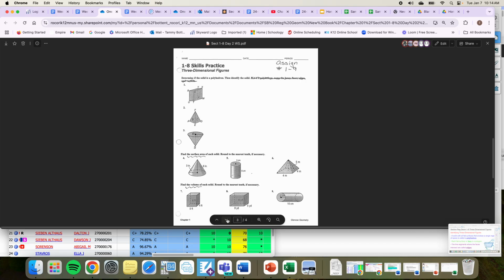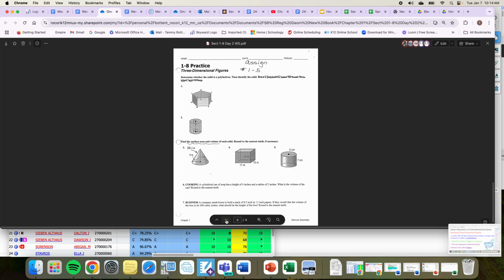Then if you look at this page, same thing. 4 through 6, you're only finding surface area. 7 through 9, you're finding volume. And then when we get to that last page, then you're finding both for numbers 3 through 5. So read the directions so you know what you have to find. Okay? And then I'll try to find a key for that so you guys have the answers for that. Everybody okay with that? Yes. Alrighty.